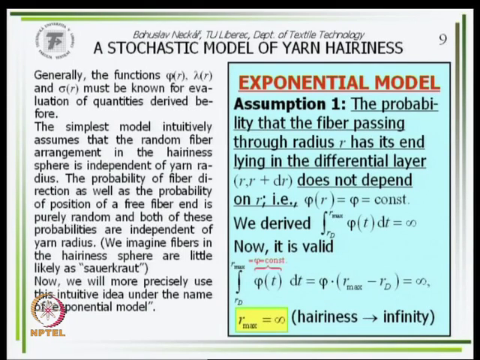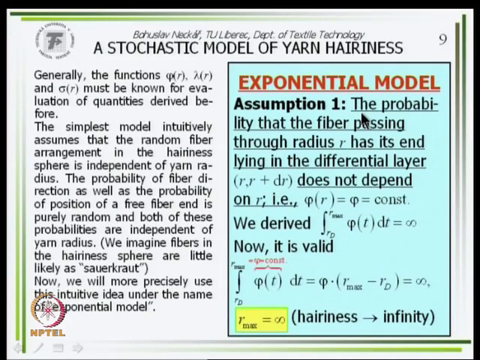So, let's accept some assumptions for simplification of our whole problem. Assumption 1. Let's assume that the probability that the fiber passing through radius r has its end lying in the differential layer from r to r plus dr doesn't depend on radius.